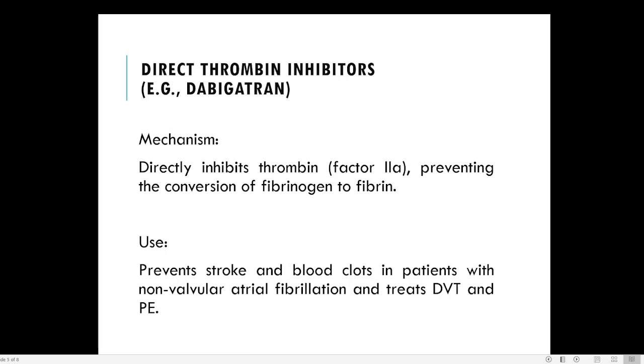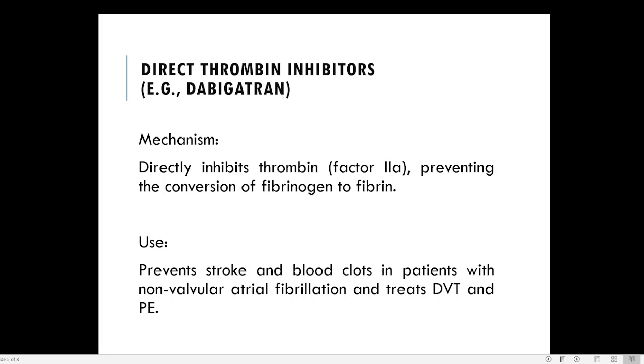Another type is direct thrombin inhibitors. An example is dabigatran. Dabigatran is a thrombin inhibitor that inhibits thrombin, preventing the conversion of fibrinogen into fibrin. So that is the second type, known as direct thrombin inhibitors, and they are used in preventing stroke and blood clots in patients with non-valvular atrial fibrillation.